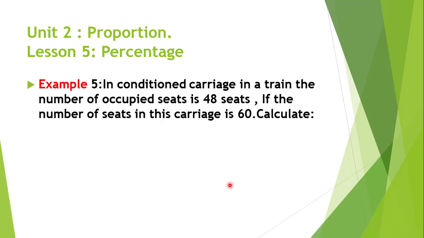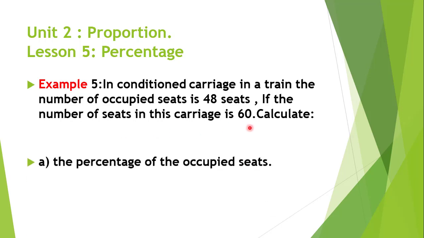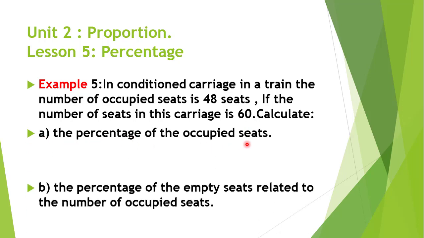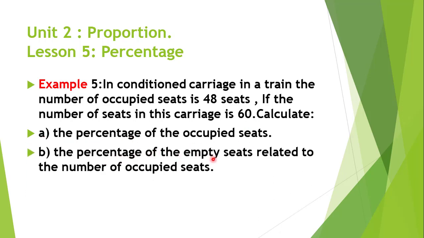Another example. In an air-conditioned carriage in a train, the number of occupied seats is 48 seats. If the number of all seats in this carriage is 60, calculate A, the percentage of the occupied seats, and B, the percentage of the empty seats related to the number of occupied seats.